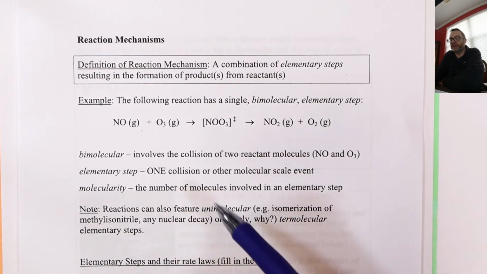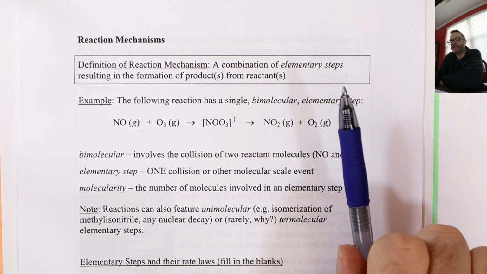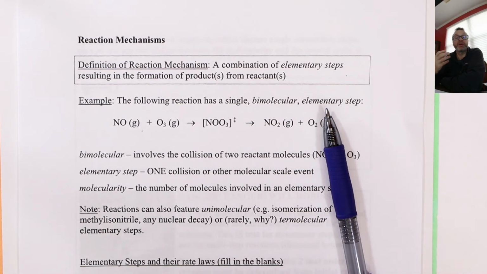A reaction mechanism is a combination of what we call elementary steps. An elementary step is just a hit. It may involve two things, three things, or sometimes one thing just falling apart. The elementary step is the actual fundamental process.